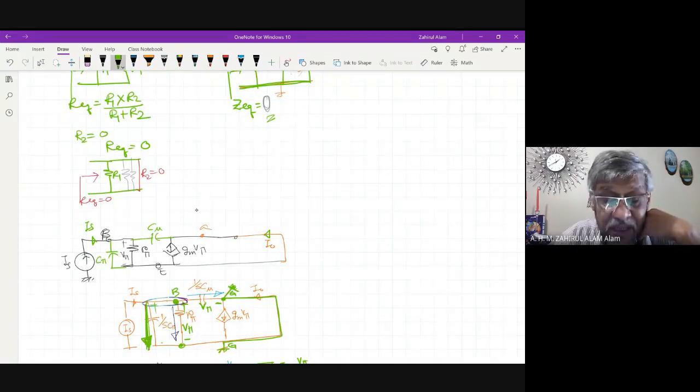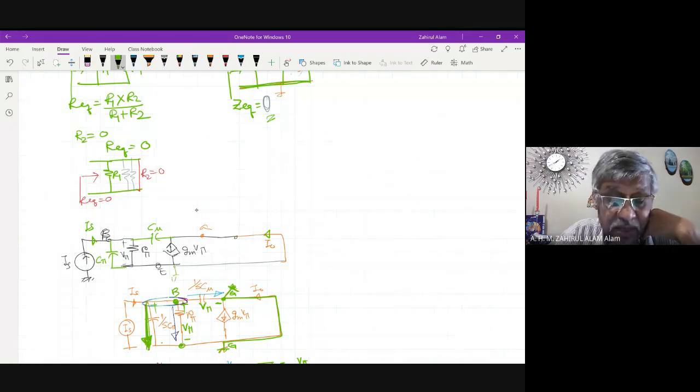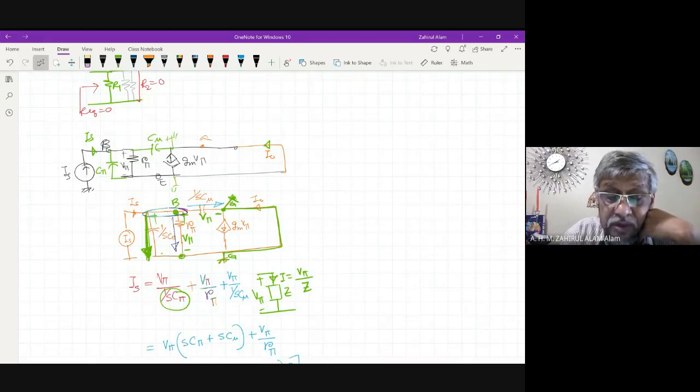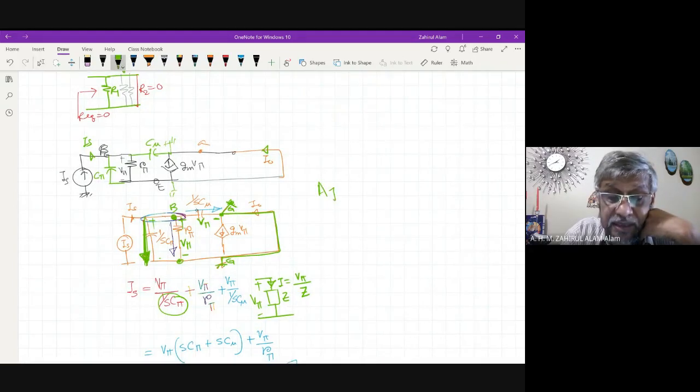Then we can draw this equivalent circuit. So these are R0, and CS is gone. Since this is grounded, and this upper portion is also ground, in order to find the output, the current gain is I out divided by I s, the input current.